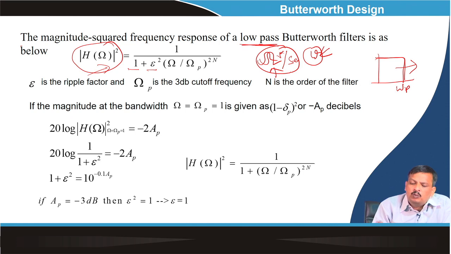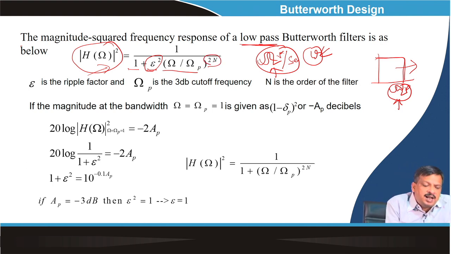So, if omega p is my analog passband edge frequency, then the magnitude response is 1 by 1 plus epsilon square times omega by omega p to the power 2n.